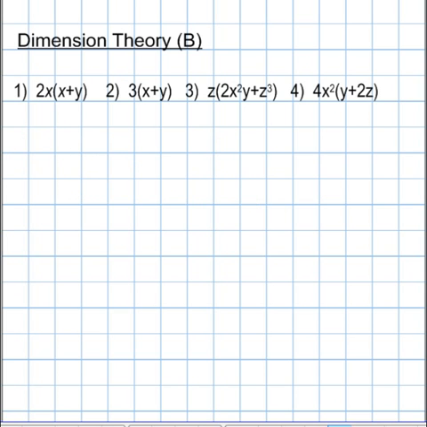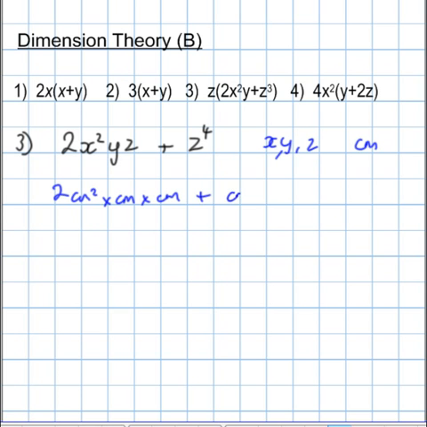Let's go through the last two. Question 3, multiply out the brackets, we get 2x squared yz plus z to the power 4. Replace every instance of x, y and z with centimeters, and we get 2 centimeters squared times centimeters plus centimeters to the power 4. Let's look at the left hand side.